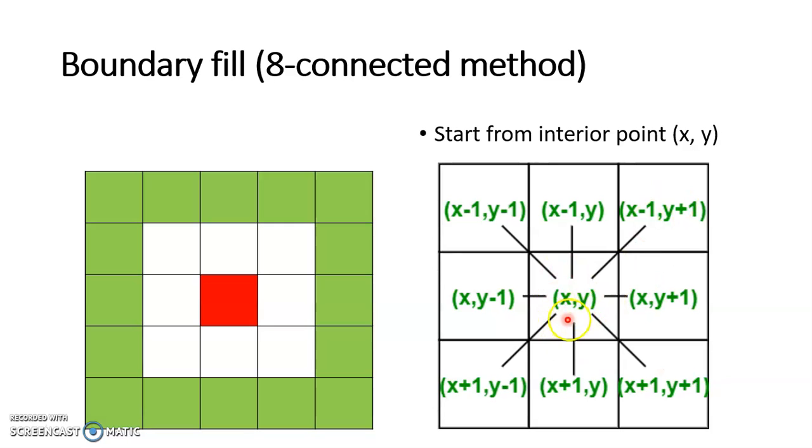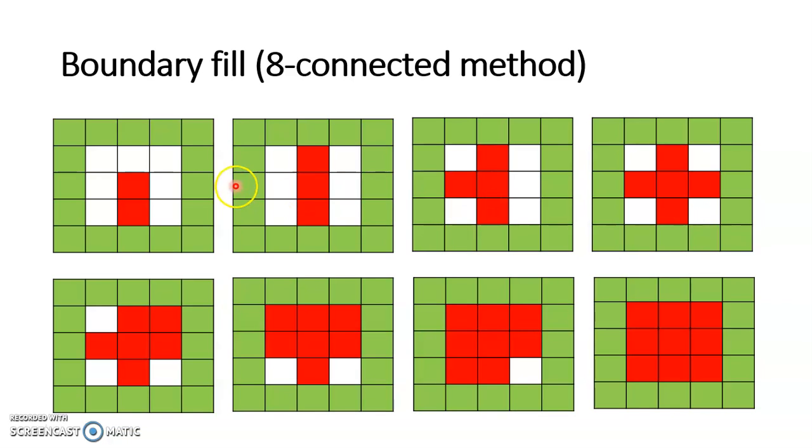That is, if this is the starting point, then these 8 neighbors will be colored. That is south node, then north node, west node, east node, then northeast neighbor, then northwest neighbor, then southwest neighbor, and finally the southeast neighbor will be colored as shown in the figure.